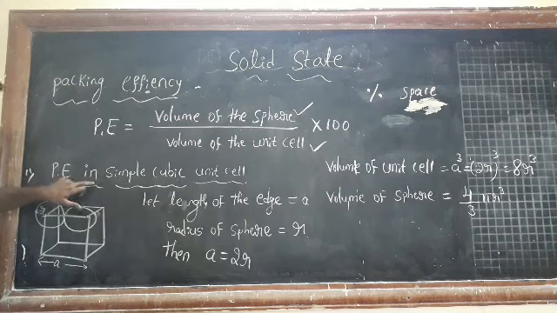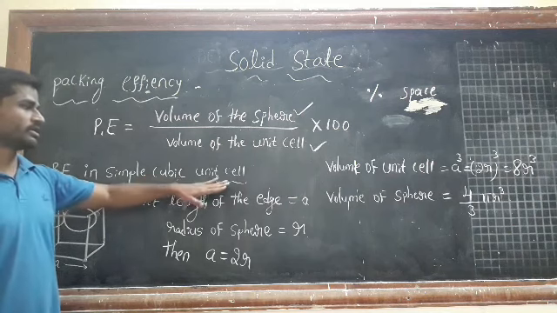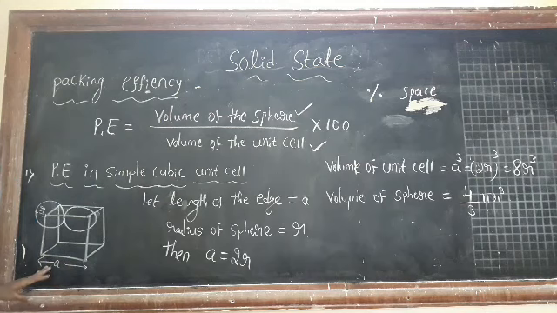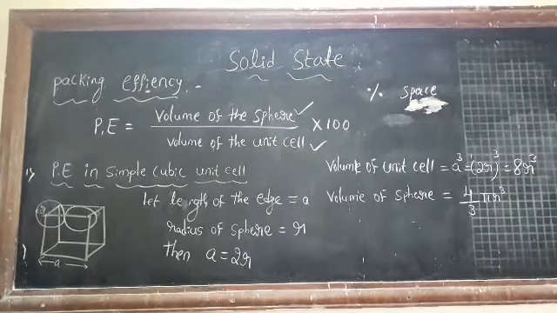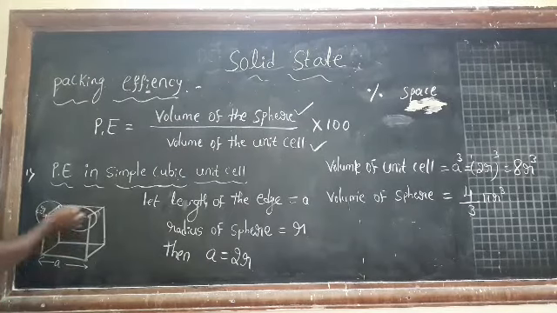So we know what a simple cubic unit cell is. It is the primitive unit cell, where the spheres or the particles are present only at the corners.